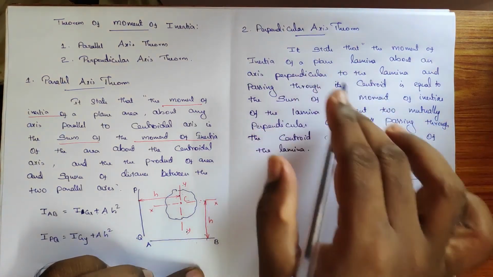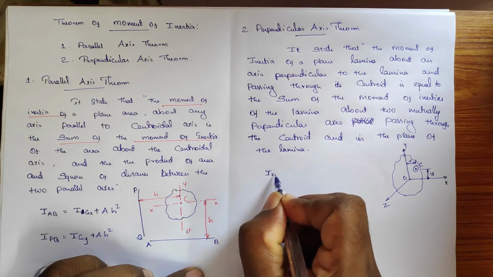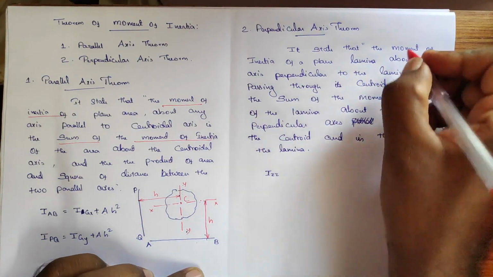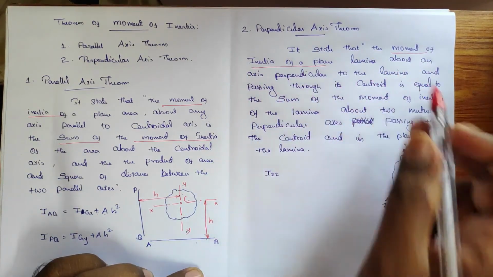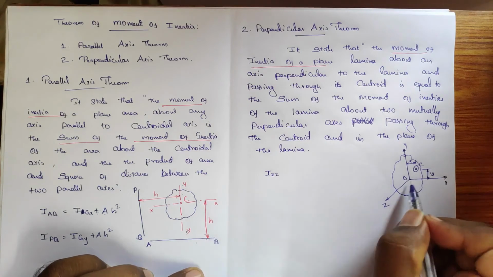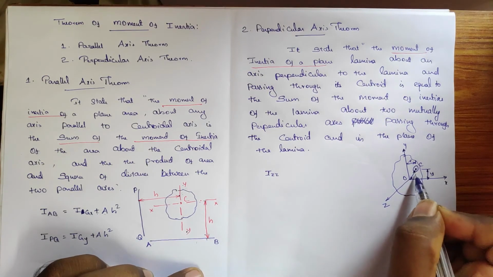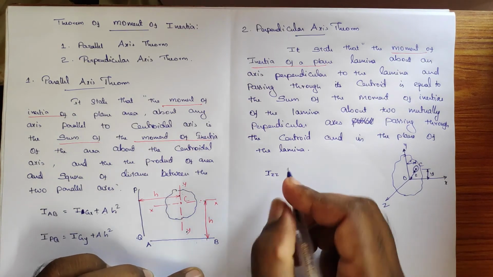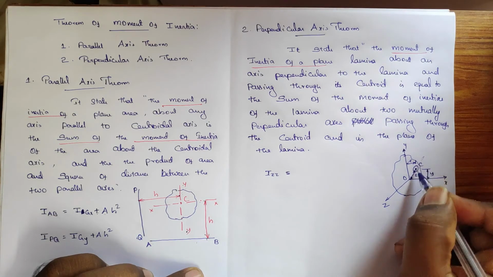As per the statement given, IZZ, that means the moment of inertia of the plane lamina about the axis perpendicular to the lamina, the axis z, and this measurement here is z. The axis is perpendicular to the lamina and passing through the centroid, this axis is passing through the centroid.